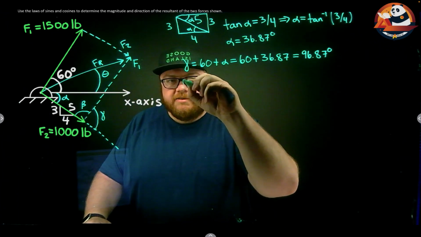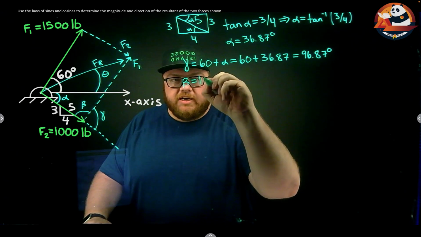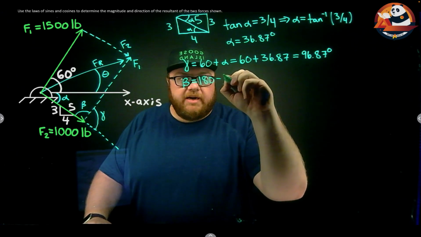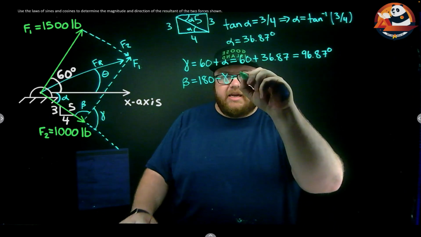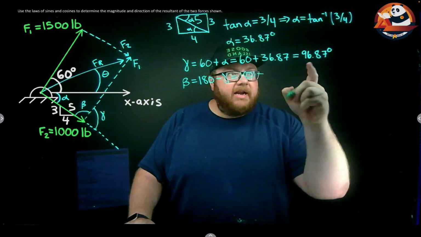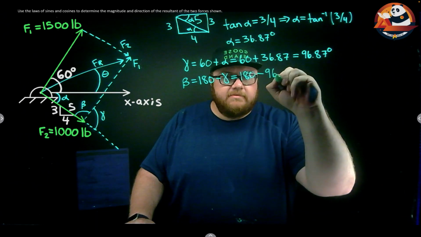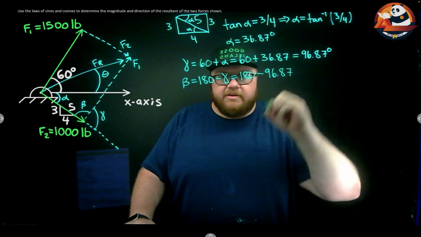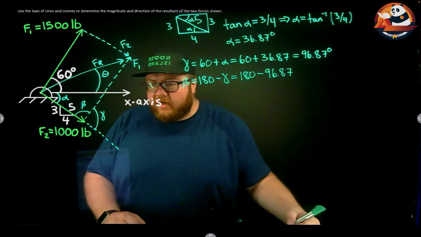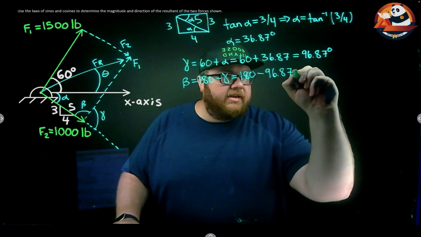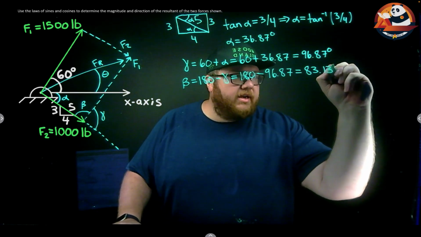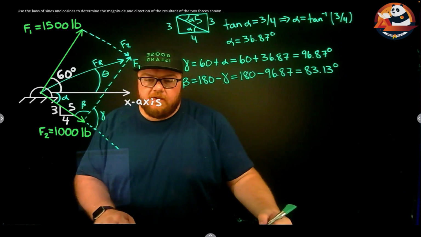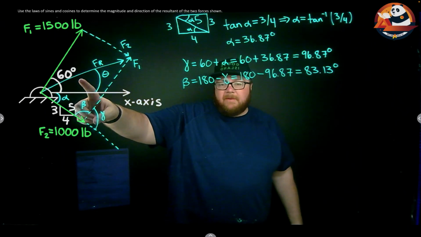So beta is 180 minus gamma for this problem. Or this is 180 minus 96.87. Beta is going to work out to 83.13 degrees. Finally, that is my angle opposite FR.